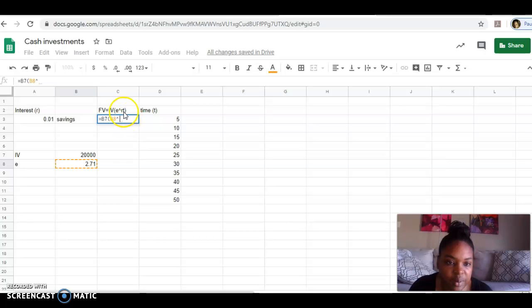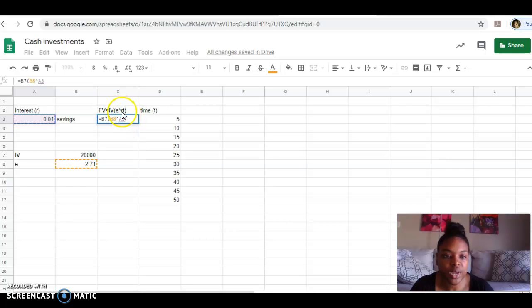And then lastly, I'm going to put in the rate and the time. So the R represents the rate, the interest rate to be more specific. So that's over here, 0.01. Again, I'm not going to type in 0.01. I'm just going to click in the cell where I put the 0.01.